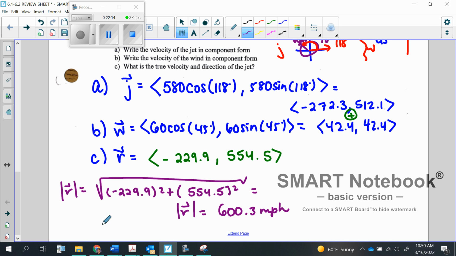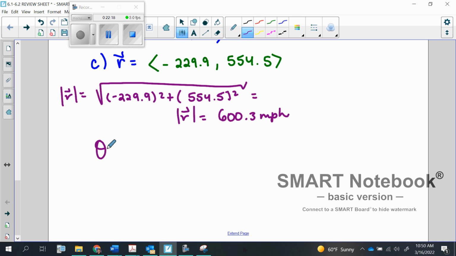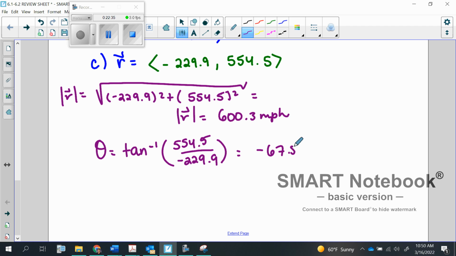And then my direction, same thing. You want your direction angle, but your direction angle of your resultant. So you just do the inverse tangent of the vertical component over the horizontal. And your calculator is going to give you, when you plug that in, negative 67.5 degrees. But again, check yourself.